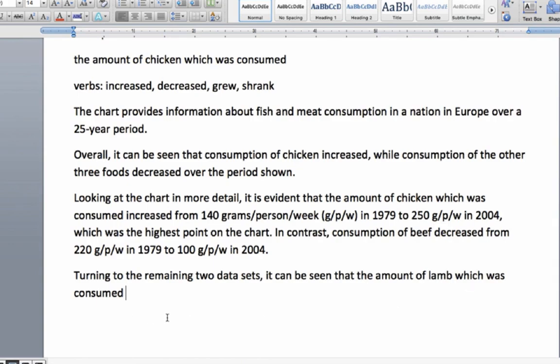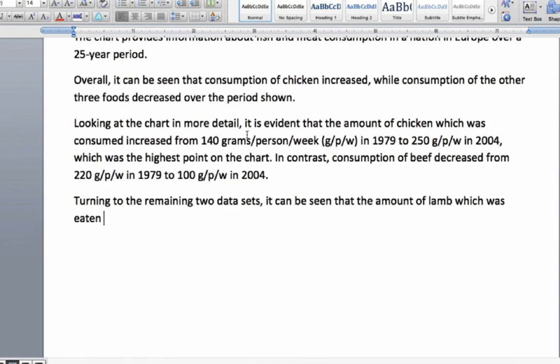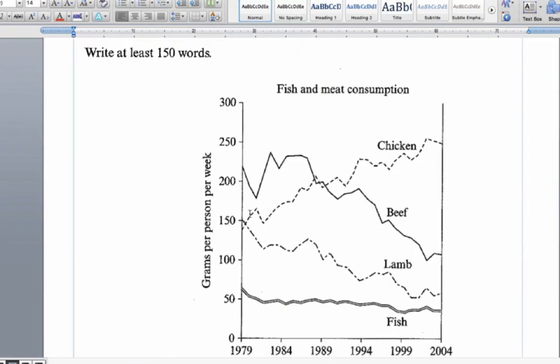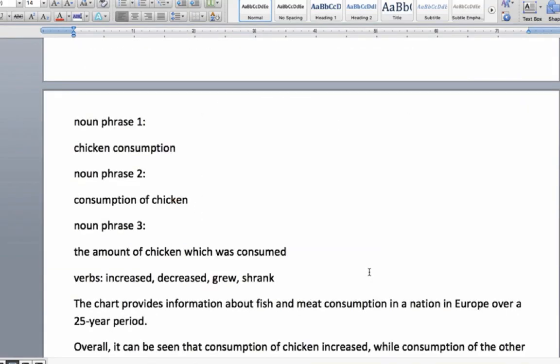In this case, I can think of a nice synonym for consumed, so I'll use it. It's just eaten. Same thing in this case. We want to say it slightly different. There we said increase is our main verb. So another way of doing this is started at 150 and decreased to 60.